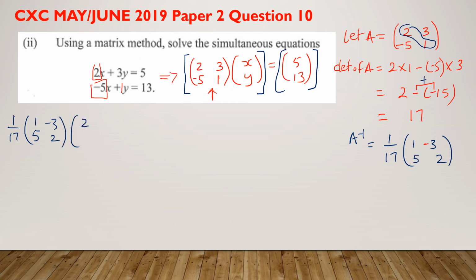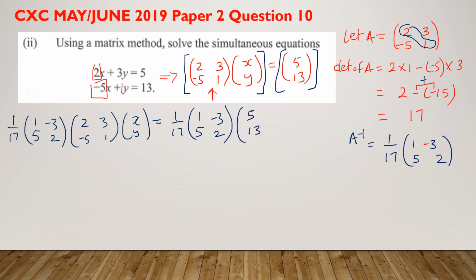Then we have [2, -5; 3, 1] times [x; y] equals 1 over 17 times [-3, 2; 5, 13]. So we know that this is the identity, so we're left with [x; y] equal to 1 over 17.